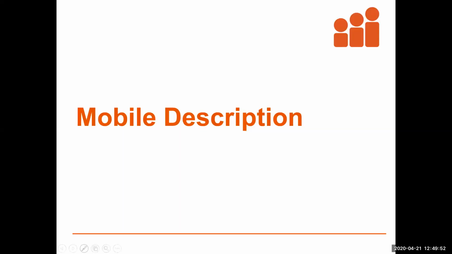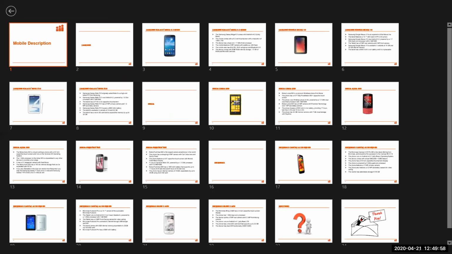And I wanted to show you something more important. That is, look at all slides. If you want to quickly present, you want to quickly jump to a different section in your presentation. Let's say you're running short of time, you are concentrating only on the slides which are more important to you.